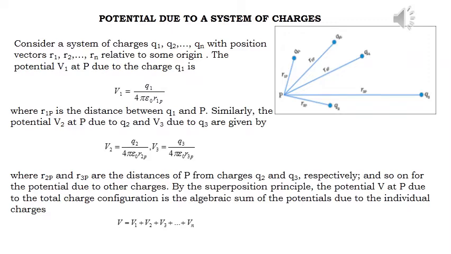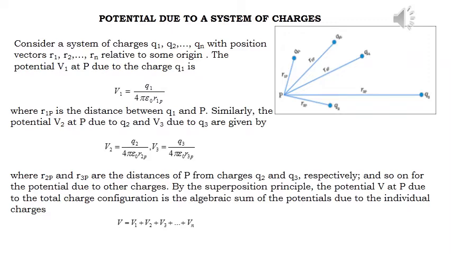The potential V1 at a point P due to the charge q1 is V1 equals q1 divided by 4 pi epsilon naught r1p, where r1p is the separation of the point from the charge. Similarly V2 equals q2 by 4 pi epsilon naught r2p, and V3 equals q3 by 4 pi epsilon naught r3p.